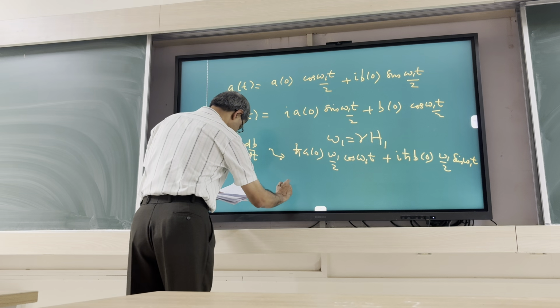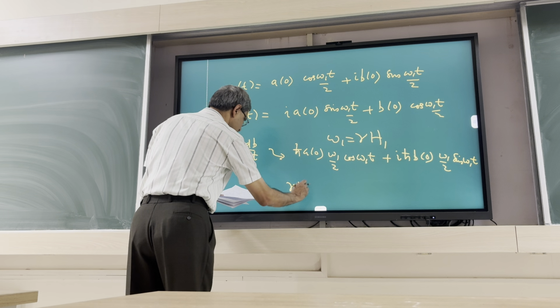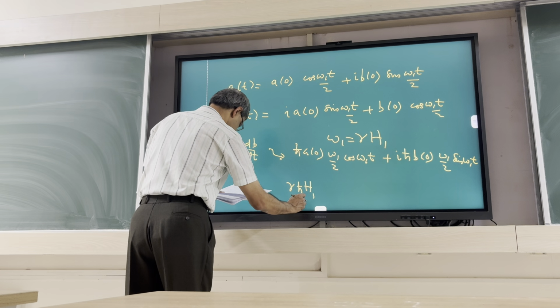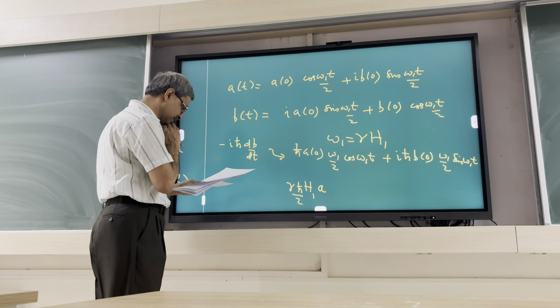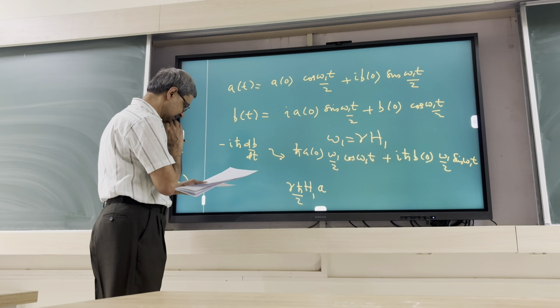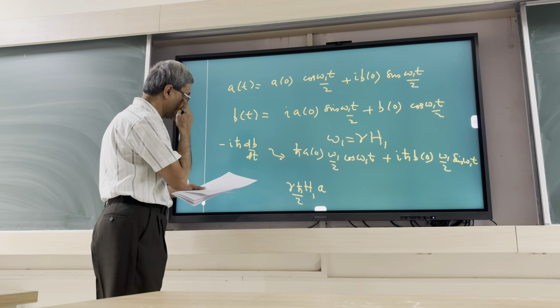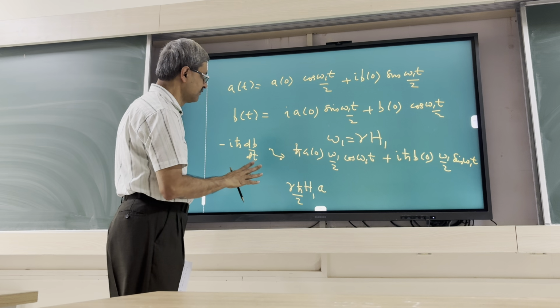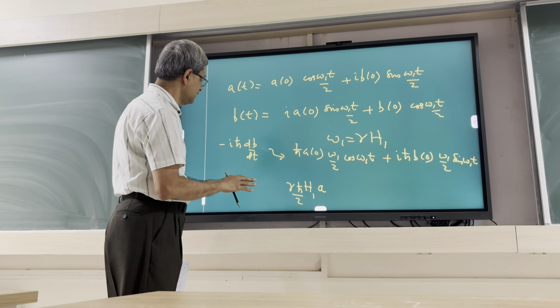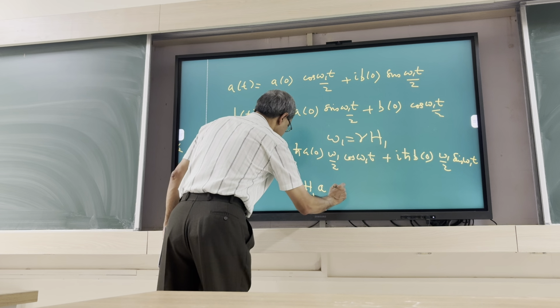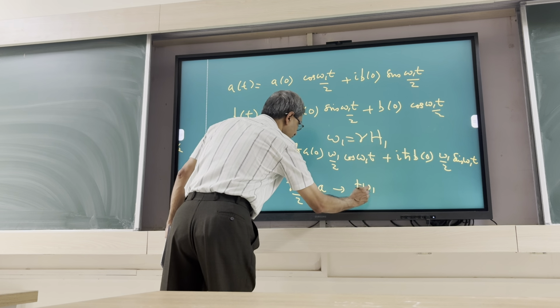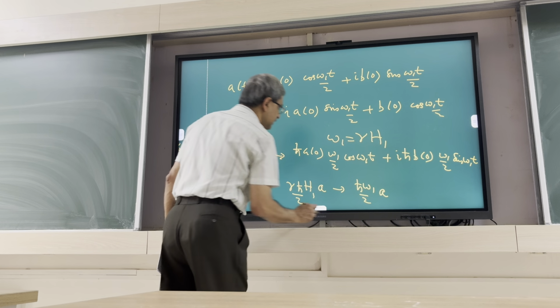And then this should be equal to gamma h bar h1, and then the matrix element which gives a half. So this is h bar omega 1 by 2 a.